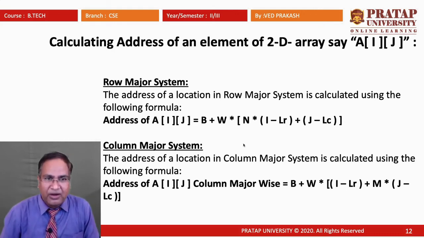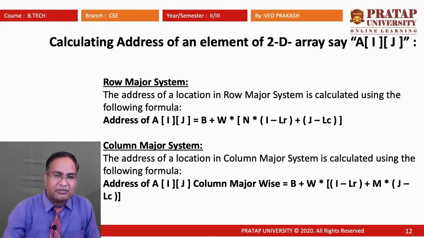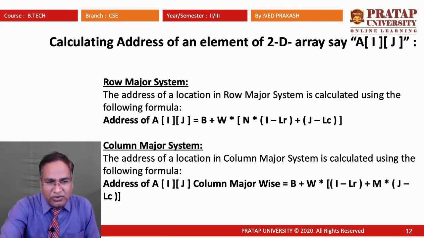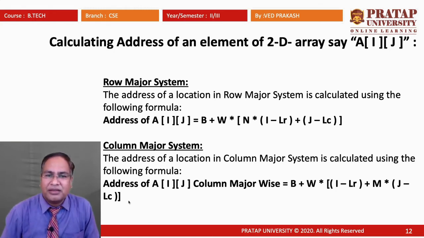Similarly, if we want to calculate the address using the column major system, or column arrangement, then we use the formula to get the address of a specific cell: B + W * ((I - LR) + M * (J - LC)). Now there are some abbreviations like B, W, N, I, LR, J and LC.